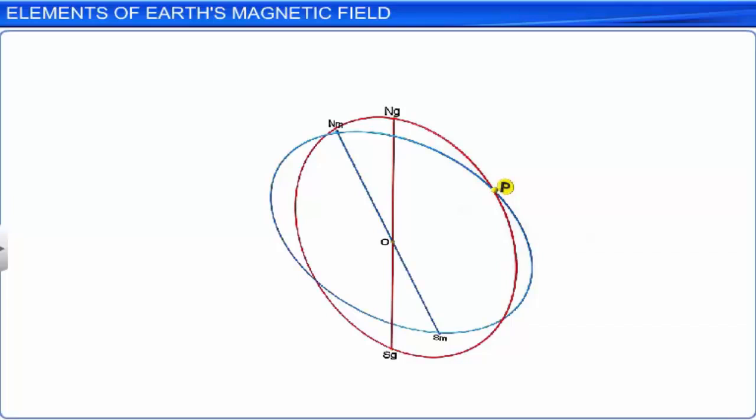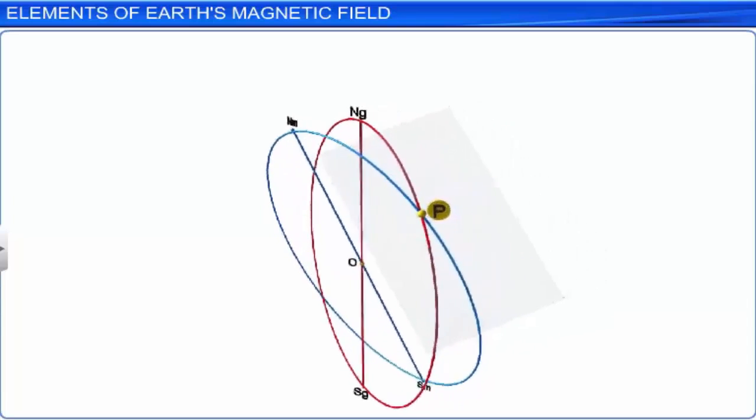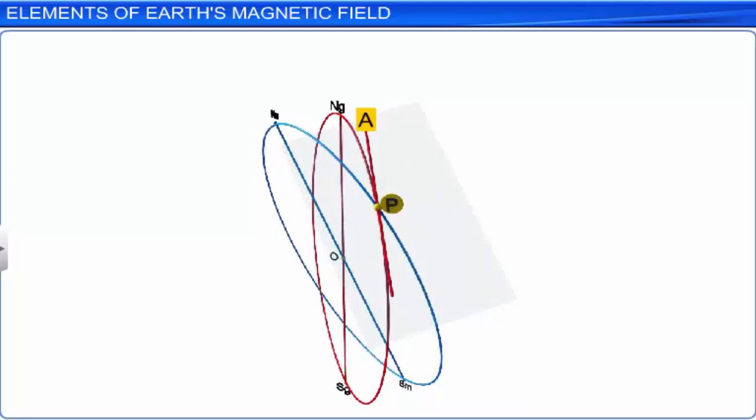This is the magnetic meridian circle. Draw a plane which is tangential to the sphere at point P. Draw a tangent PA to the geographic meridian circle at point P. PA lies on the tangent plane and represents the geographic north-south direction.